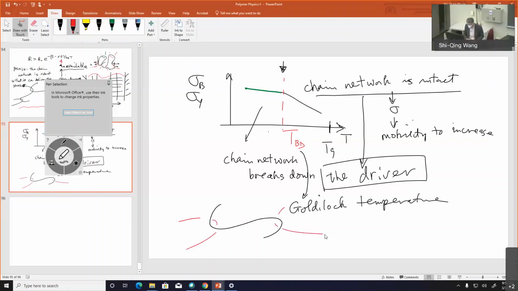That's not so different than how we may wish to visualize when we did rheology.